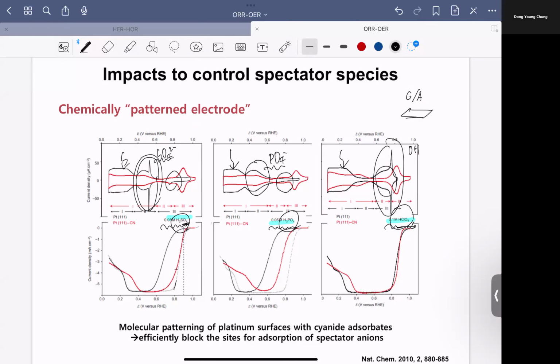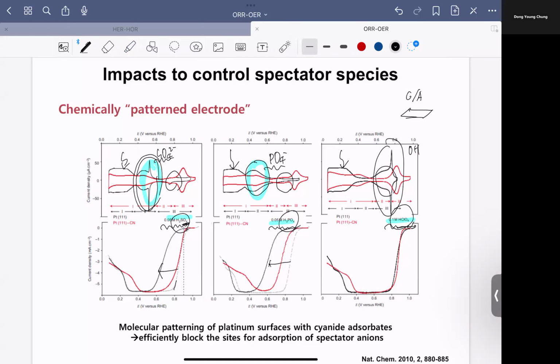So the activity is much less compared to perchloric acid since there is adsorption in the lower potential region, right? What about in phosphoric acid? Similarly, we can observe the phosphoric anion adsorption, so the activity is far below compared to perchloric acid, right?